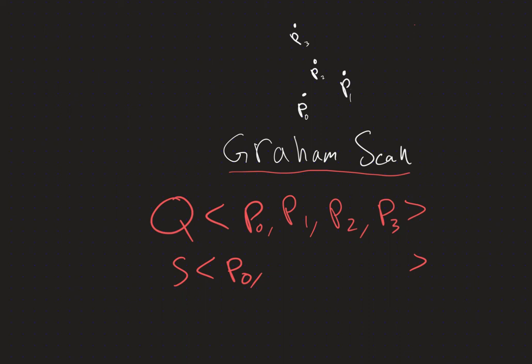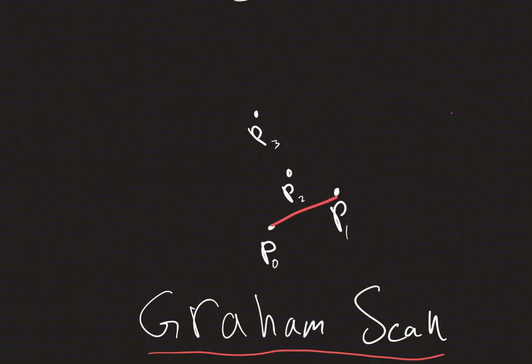So we now push the second point in our set, P1, to our stack. And then we push the other point, P2, to the stack. Now we have an angle between P0, P1, and P2.